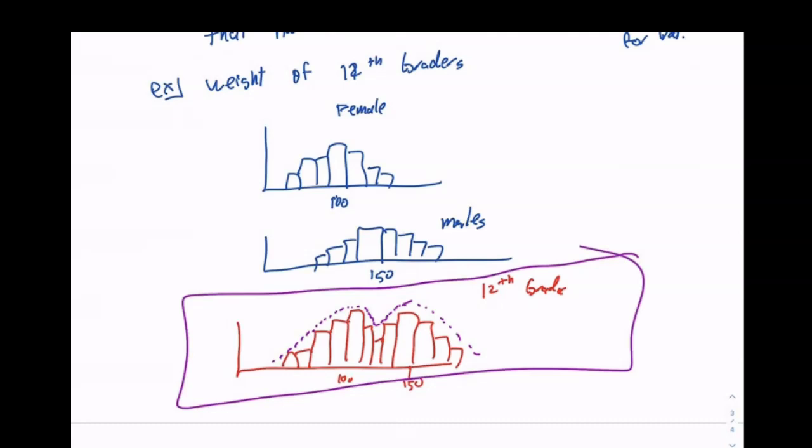Well, the reason is most likely that we have two populations. You have males who typically weigh more than females, and as such, we have really two distributions in the same population. We could take apart these two distributions and look at just the males and just the females.